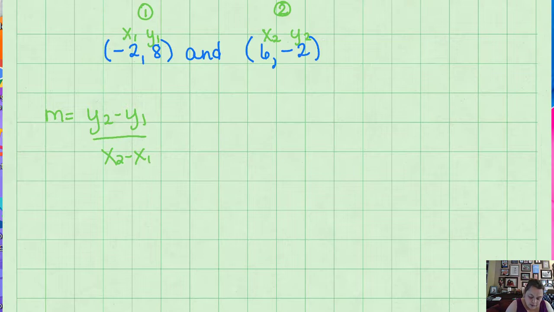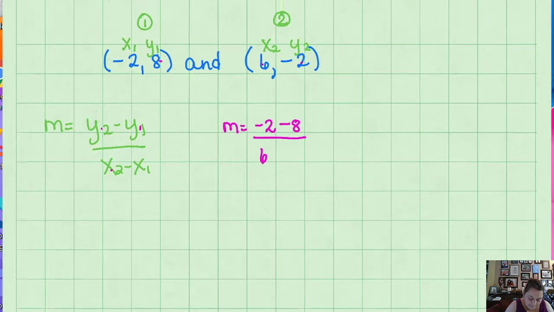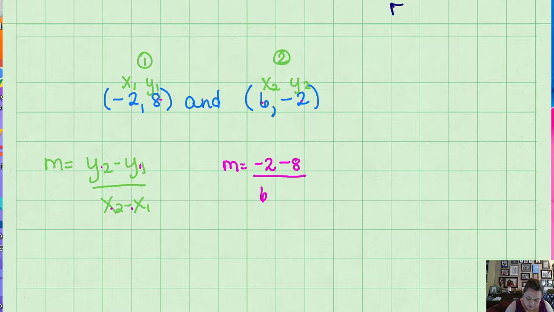So now we'll just fill in what we know. Y2 is -2 minus y1, which is 8. So we have -2 minus 8. Then x2, which is 6, minus, and this one is where you have to be careful.